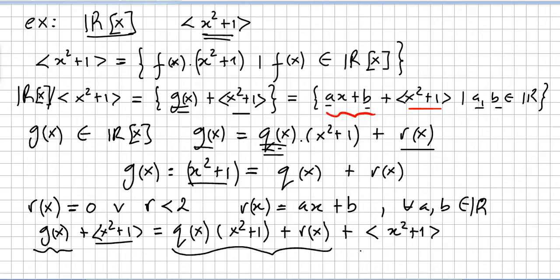So that will be the remainder plus the ideal generated by x squared plus 1. Oh, this is really ugly, this r of x.